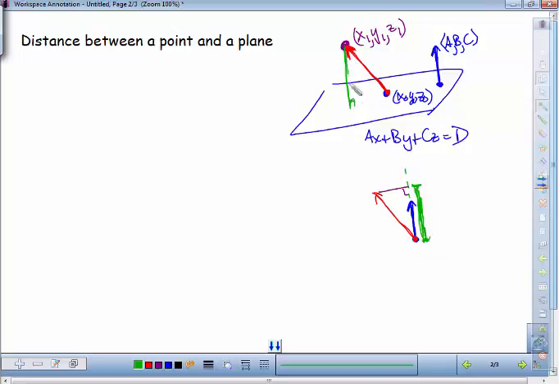And that's exactly that distance over here. This distance is the distance that we would be looking for.